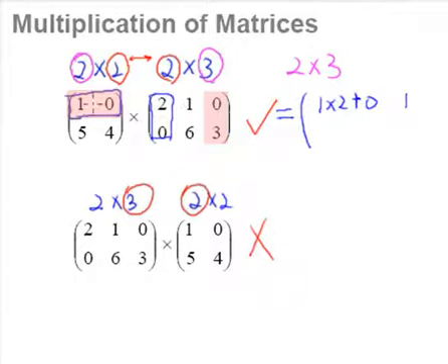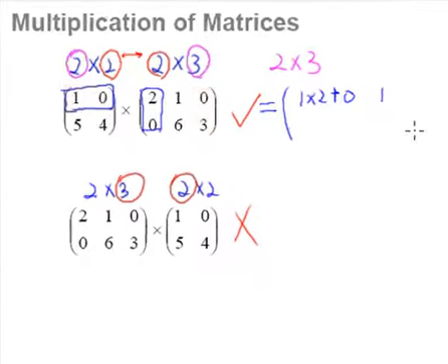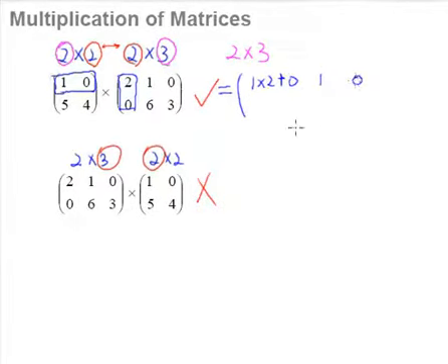So 1 times 0 plus 0 times 3, that will give us a big fat 0 here as well. Now the moment we have finished the columns in the second matrix, first column, second column, third column, no more columns to go, we go back to the first matrix, and now we go to the second row.